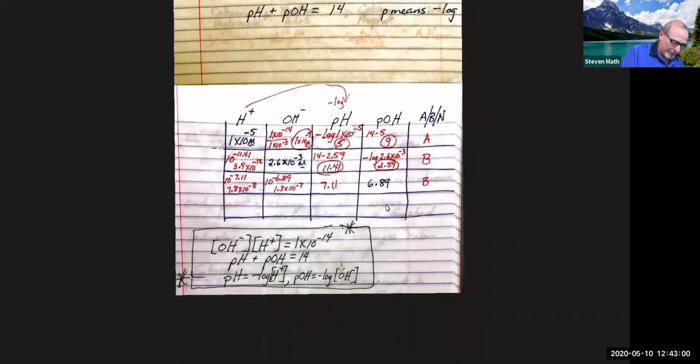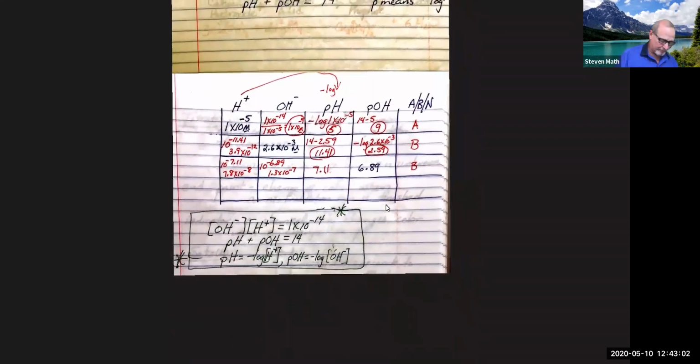These are our pH tables. You'll be given one of these columns. In our case, in this first row, we were given that the concentration of H is equal to 1 times 10 to the negative 5th.